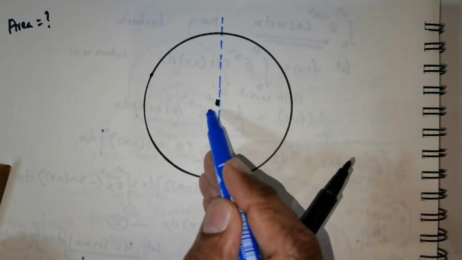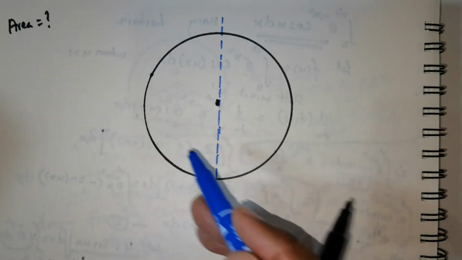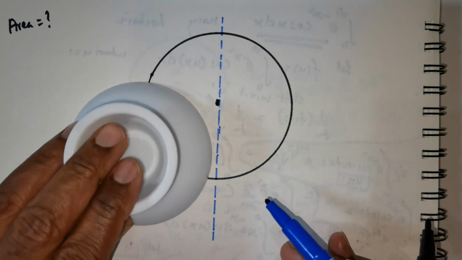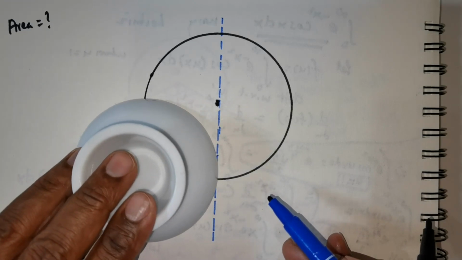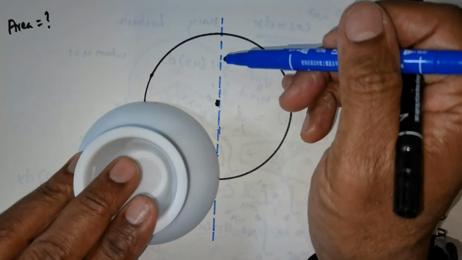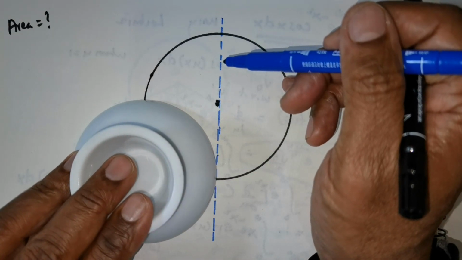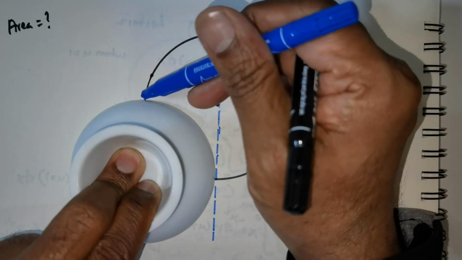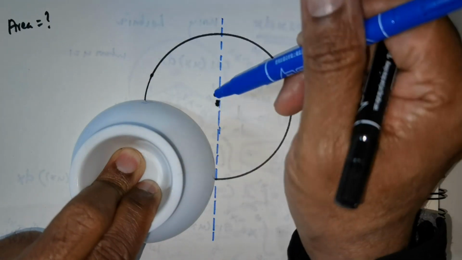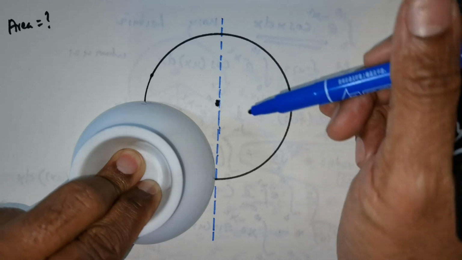Okay, so along the center there is another circle. Okay, so this is the circle that would be in line with the center of this huge circle.